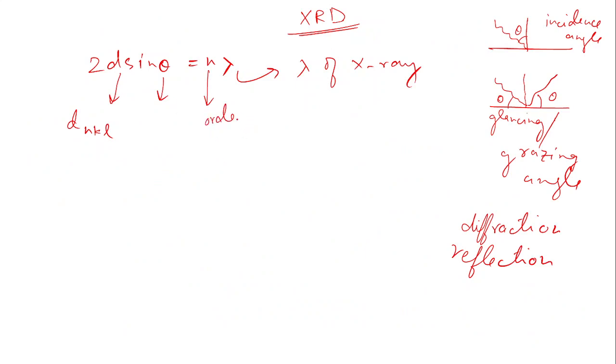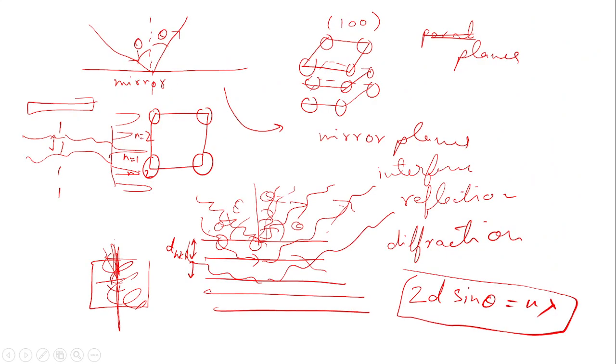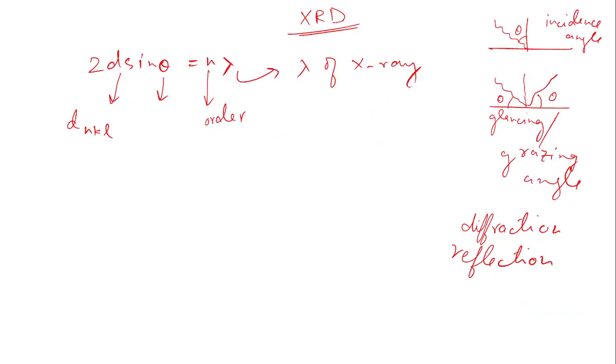So this is the order for the X-ray peak. As I told, taking an analogy from the interference we see in optics, the same way they gave this formula, and with experiment it was found to be correct. Now let's see a small derivation for this.